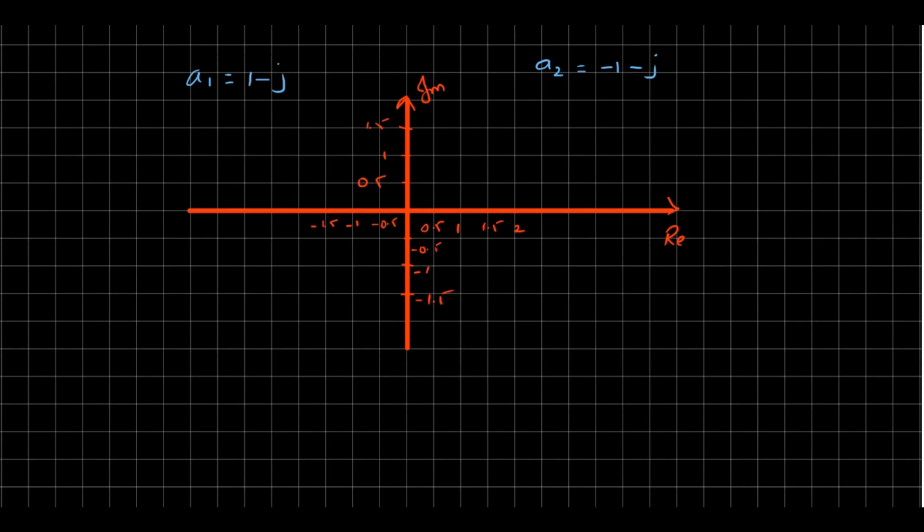Now see the first one, 1 minus j. The real value is plus 1 and the imaginary part is minus, so the point is here, 1 minus j.